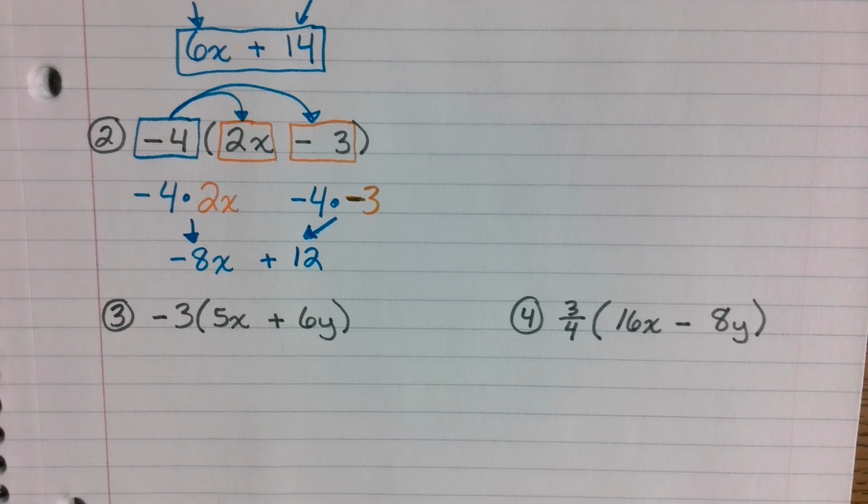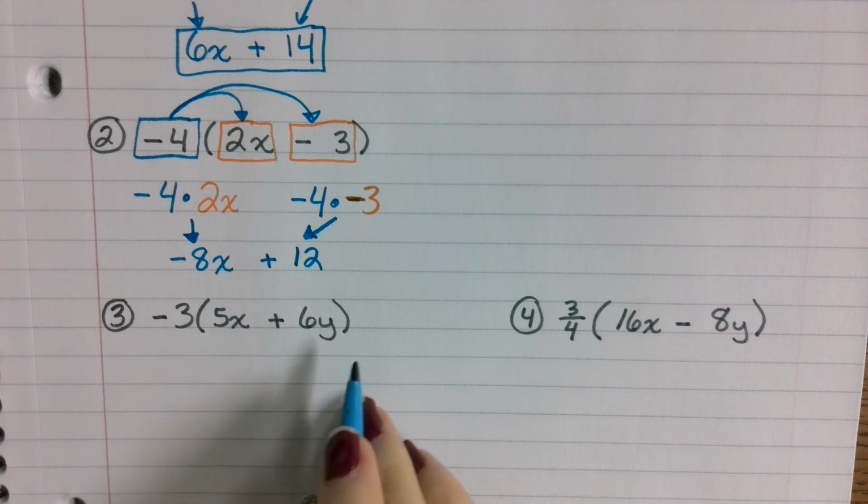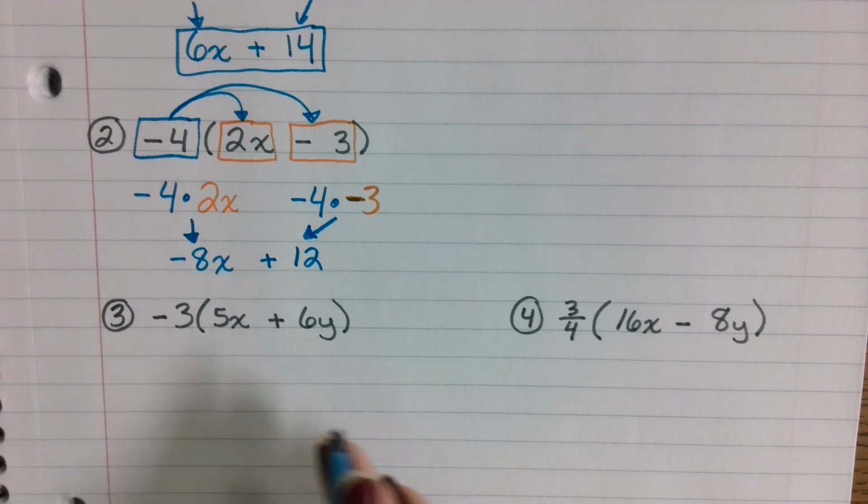All right, let's see who got this one correct. Number 3, who wants to share with me what they got for problem 3? All right, Krishna. Negative 3 times 5x equals negative 15. Okay. And negative 3 times 6y equals negative 18y. Good. So the final answer should be negative 15x minus 18y.